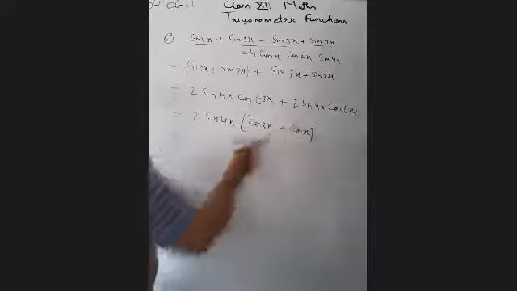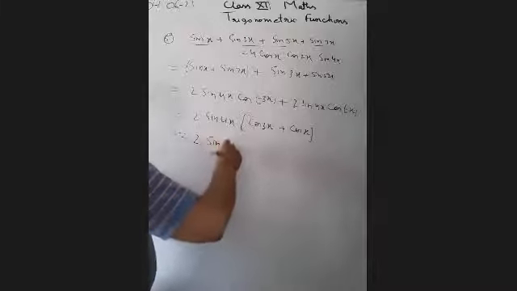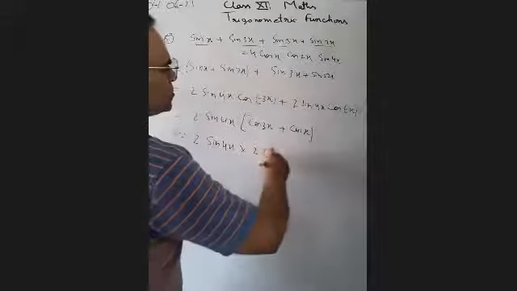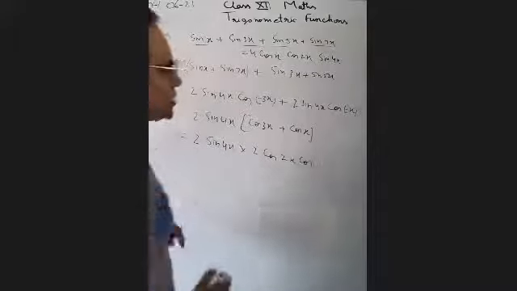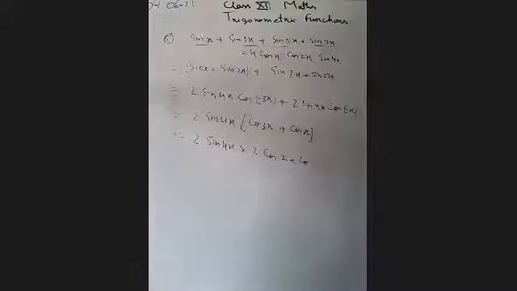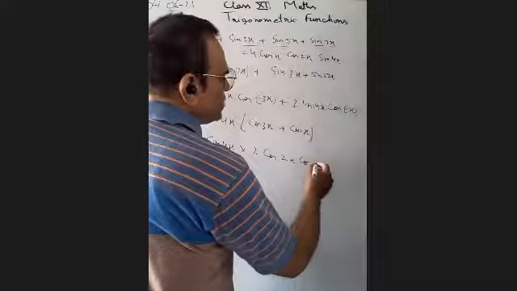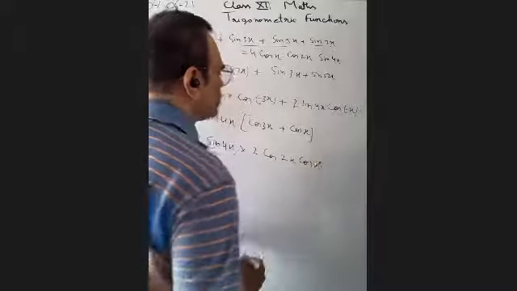Now we can apply this formula, 2 sin 4x, cos c plus cos d. We will get 2 cos 2x cos of 3x minus x divided by 2, we get minus x, and cos minus x will be equal to cos x.